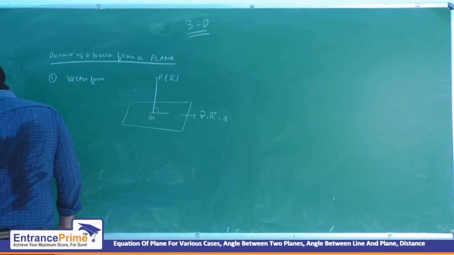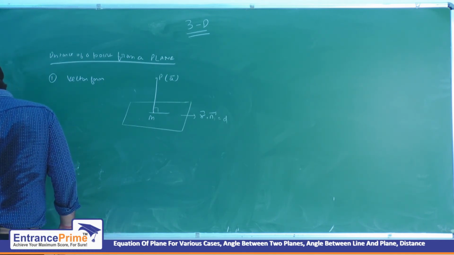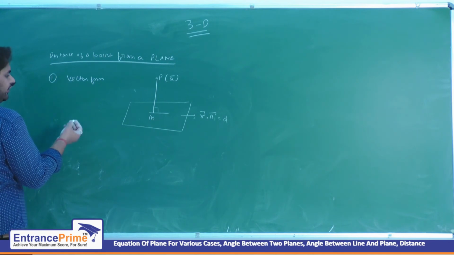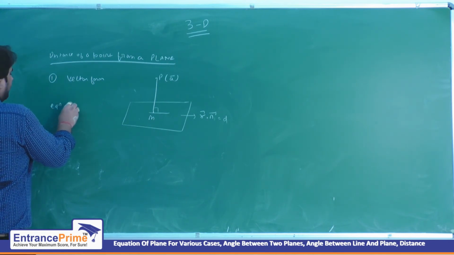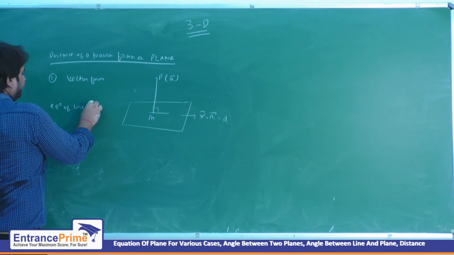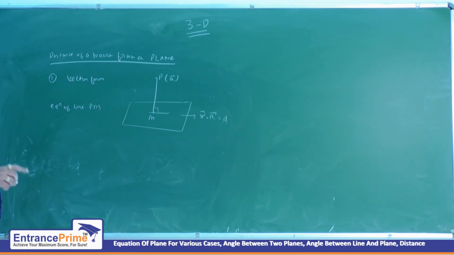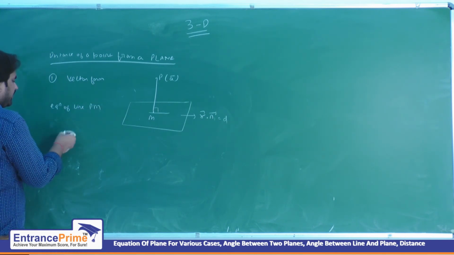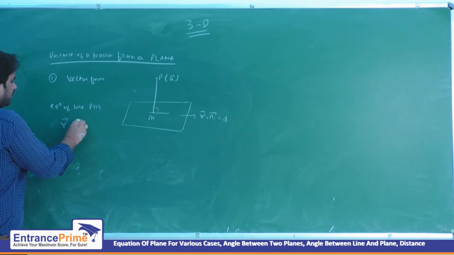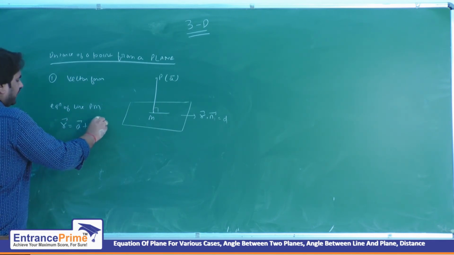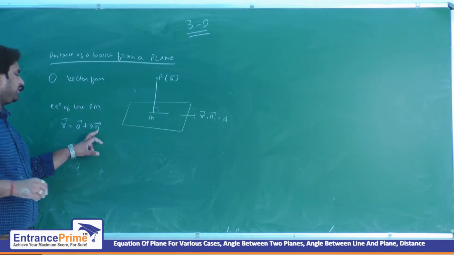So we are taking the equation of line PM. तो PM की इक्वेशन क्या दी जाएगी? PM की इक्वेशन होगी r vector is equal to a vector plus lambda times n vector. Why have we taken lambda times n vector?